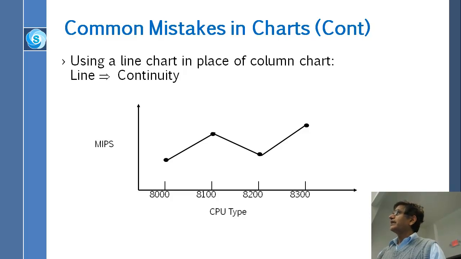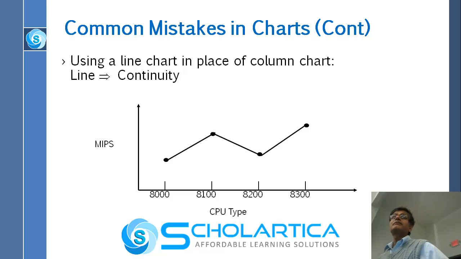Okay, another final mistake, and then we'll stop, is the line chart in place of column chart. So now, CPU type is what kind of variable? Qualitative.